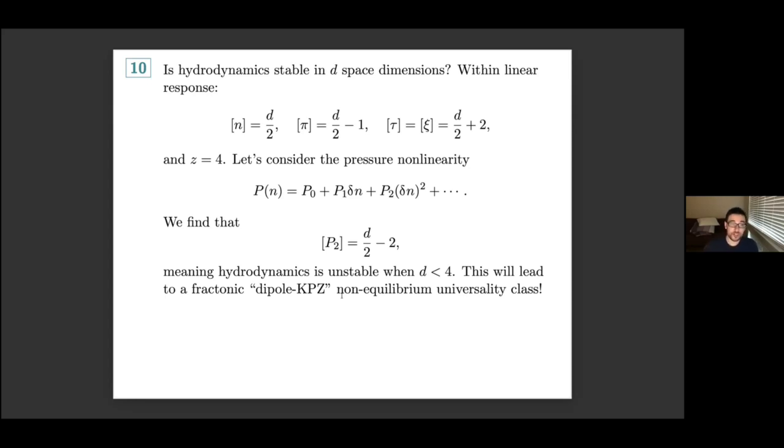We find that the density has scaling dimension d over 2. The momentum density has scaling dimension d over 2 minus 1. And the two noises in tau and xi turn out to have the same scaling dimension of d over 2 plus 2. And we have z equals 4.